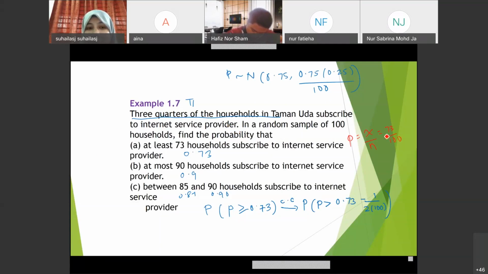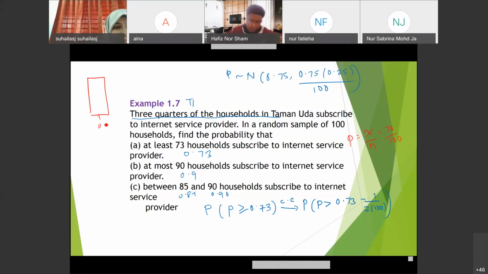So we want the probability P greater than or equal to 0.73. Since we have greater than or equal to 0.73, you do the continuity correction factor: 0.73 minus 1 over 2n. If you are confused, draw it first. 0.73 is here, so greater than or equal means from below going upward. That's why we have 0.73 minus 1 over 2n.